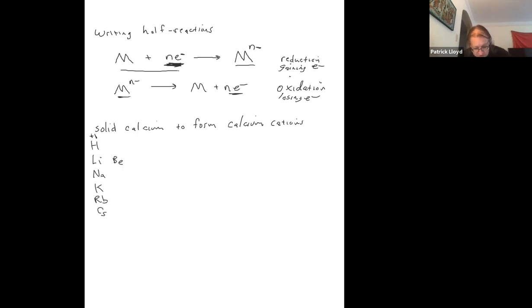If you're in group 2A, the charge of the cation is +2. And then remember, we had a few others. We had aluminum, which was +3, and then zinc, which was +2, and then silver, which was +1, right? ZAZ. So element number 13, element number 30, and element number 47. They made like a little diagonal there. So you may see ones like that.